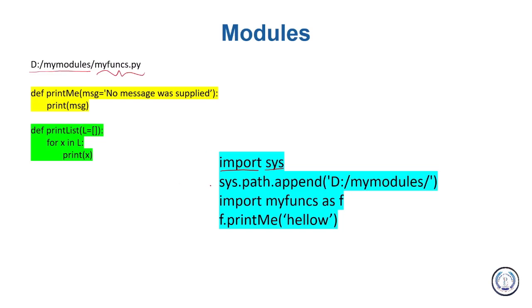And the way to actually insert this path is sys.path.append, and then you write the path of the directory where this module file, one or more files, are located. Once this is added to the path, now you can write the import, and you can import your file as it is, or you can import your file with some other name if you want.